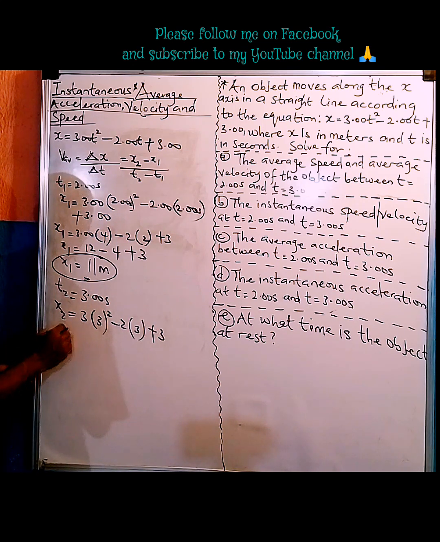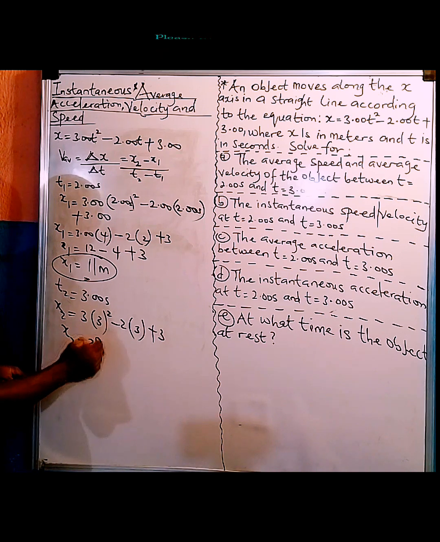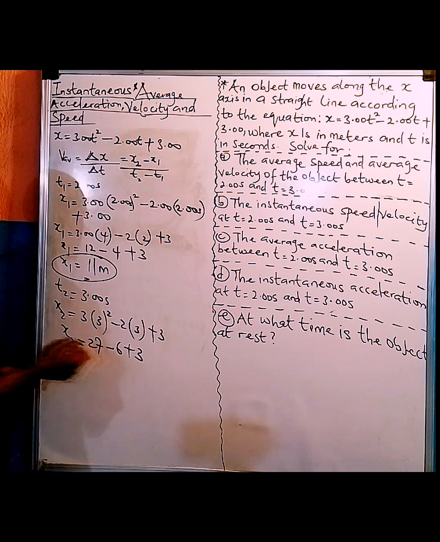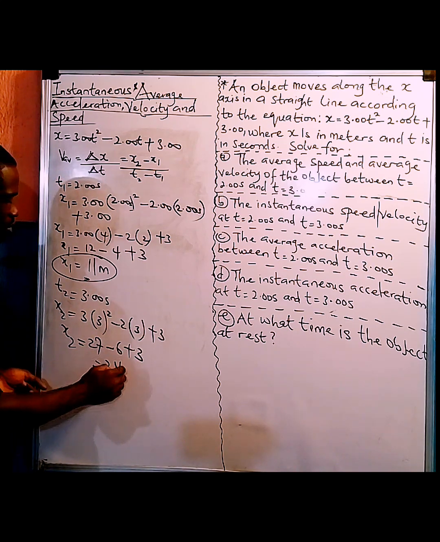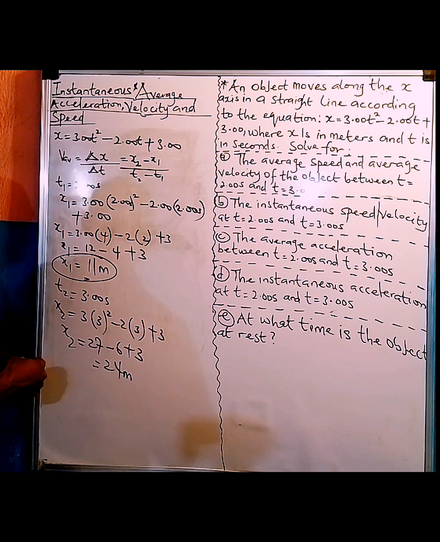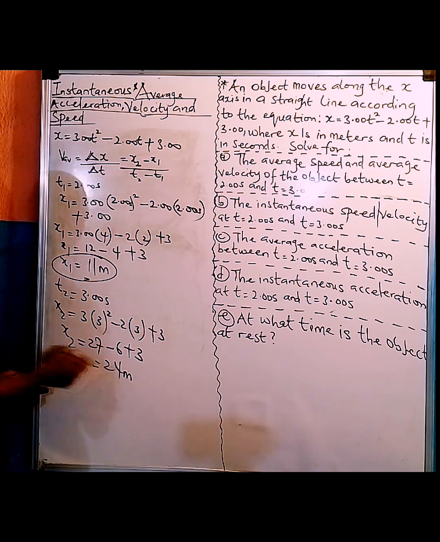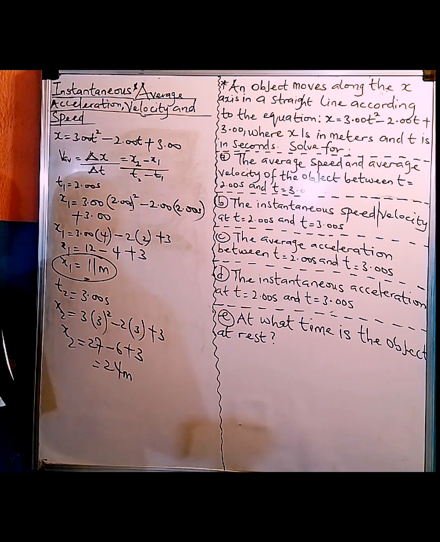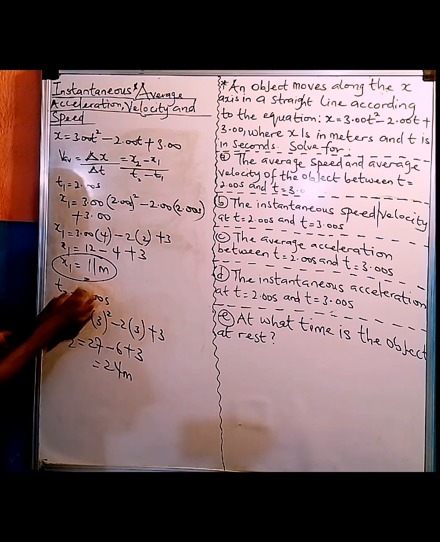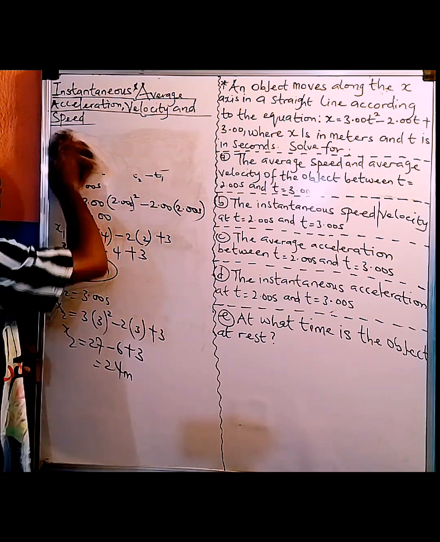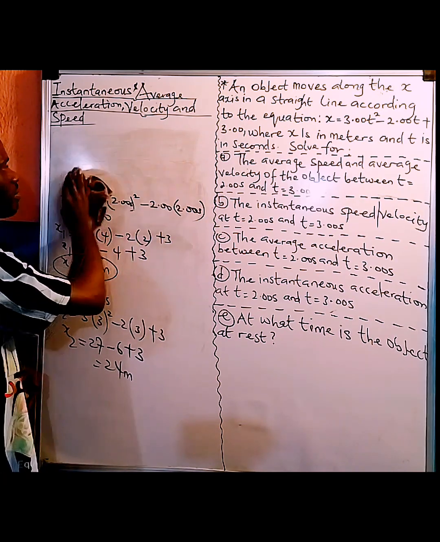So displacement 2 is equal to 3 squared is 9, 9 times 3 is 27, minus 2 times 3 is 6, plus 3. 27 minus 6 gives us 21, and 21 plus 3 gives us 24 meters. So right here we have displacement 1 to be 11 meters and displacement 2 to be 24 meters. So it's high time we get what we have to get in the first question. Let's quickly get the values they want us to get.